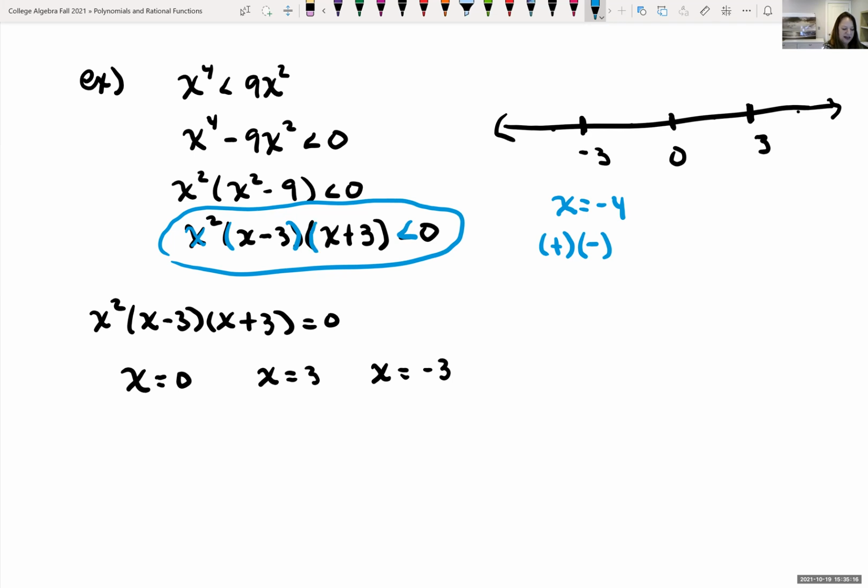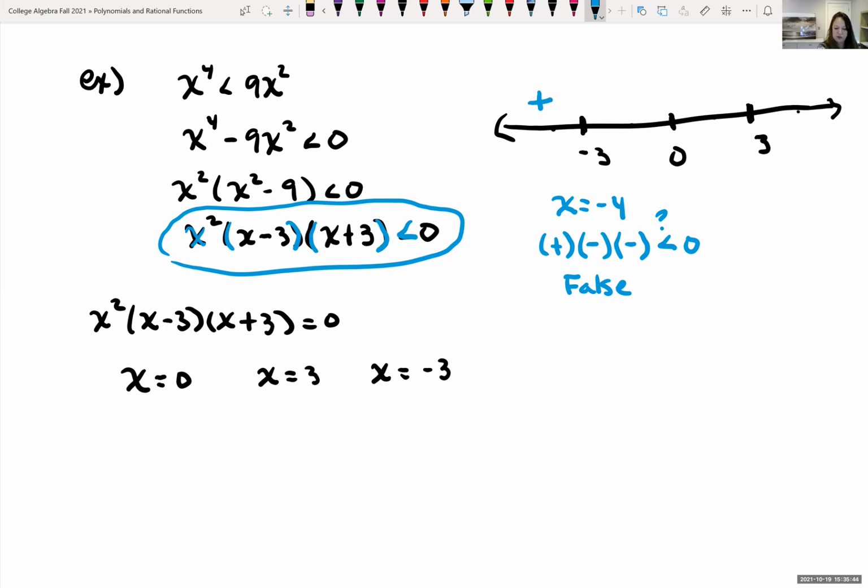And then plugging in negative 4 into the second parentheses, we got negative 4 plus 3, which is negative 1, which is negative. And we're asking ourselves, is this value less than 0? And that's going to be a false statement. The value that we get is positive. So that tells me that the graph is above the x-axis there.